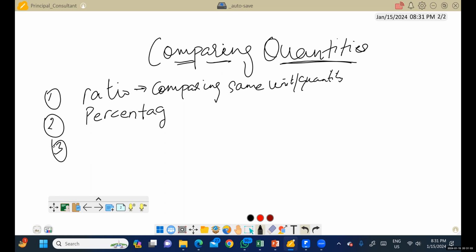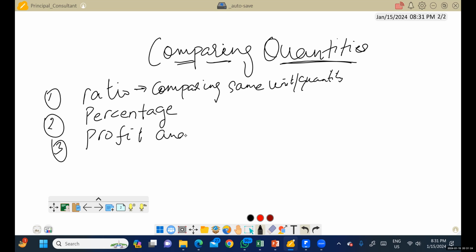Can you tell me one topic? Like one is ratio, one is percentage. Any other one? Where we are comparing quantities. So profit and loss. Someone said profit and loss.